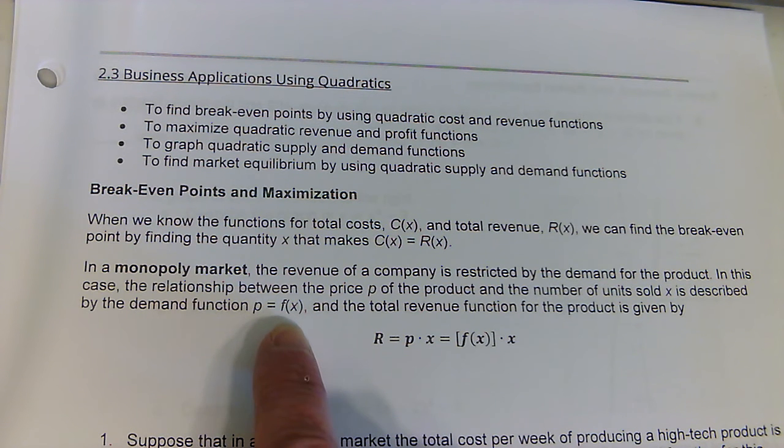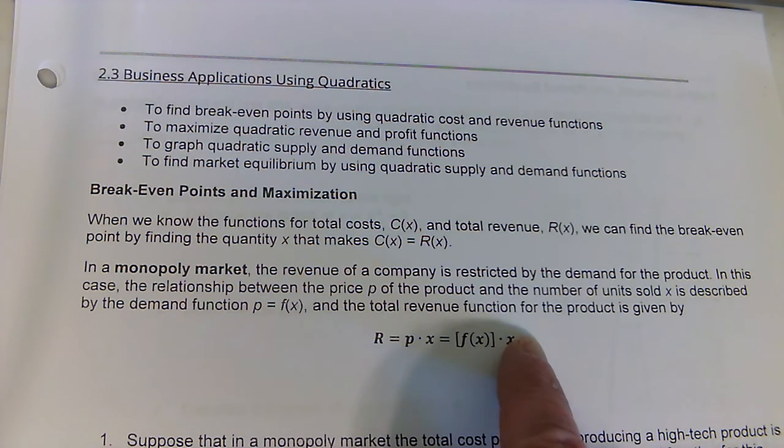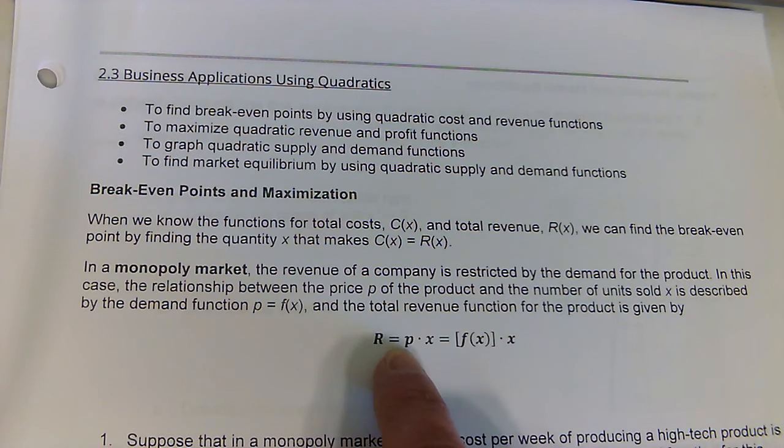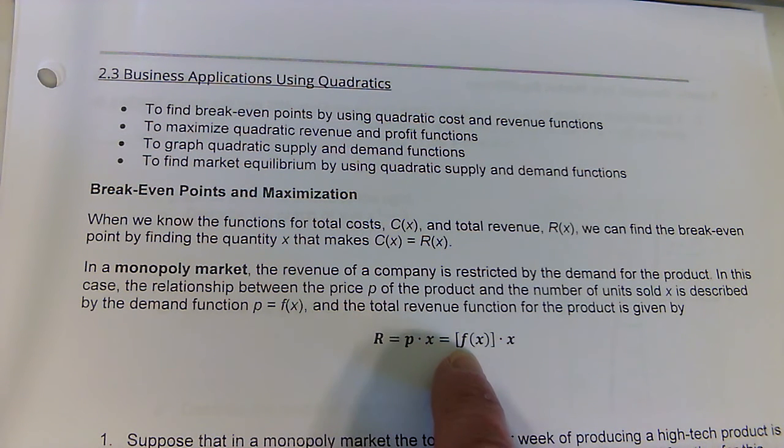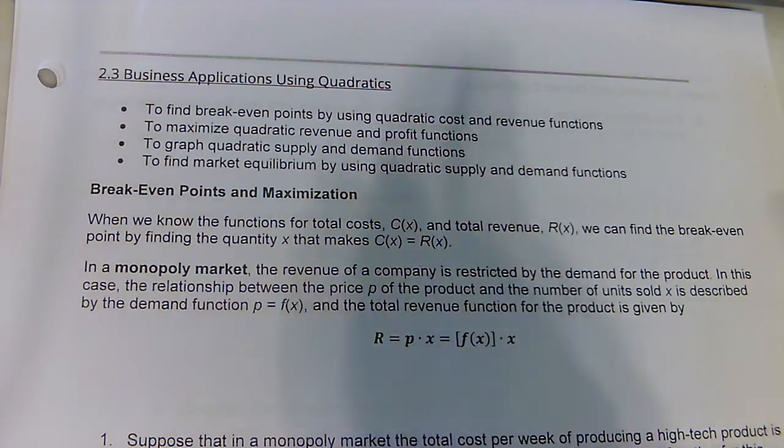So the price depends on how many units are sold. And so the total revenue will be the price times the number of products sold. Just remember that the price depends on how many are sold.